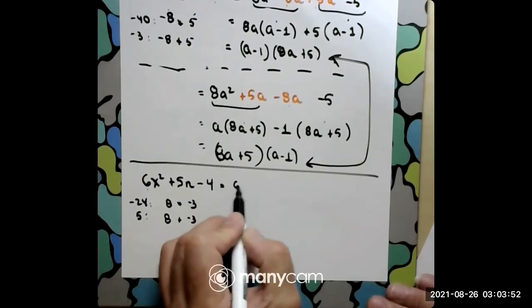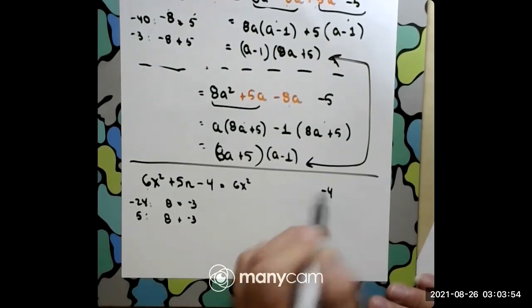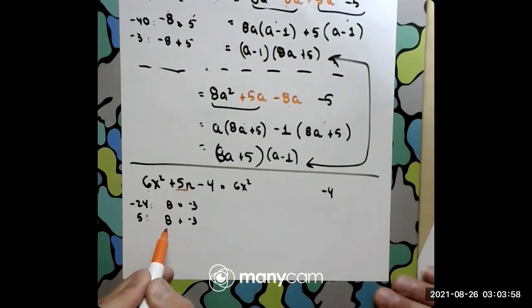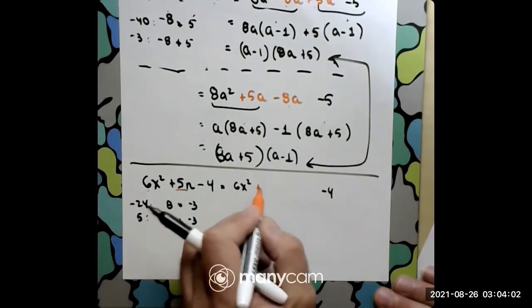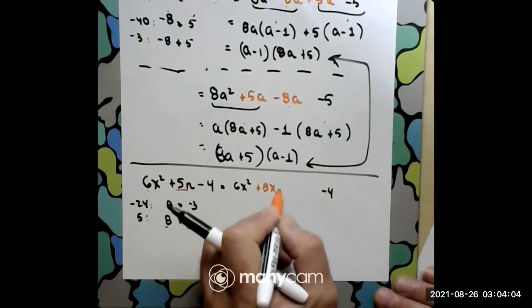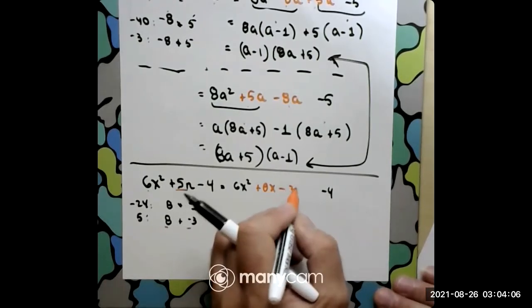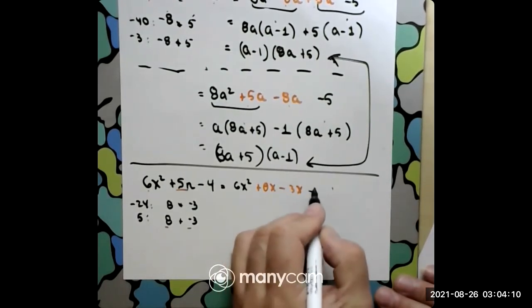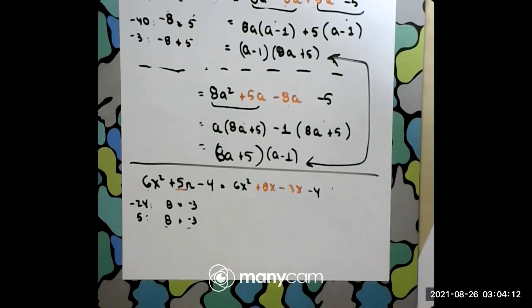Okay, so 6x squared minus 4, what do I have here? 5 can be broken down as 8 plus negative 3. So plus 8x minus 3x minus 4. And now grouping.